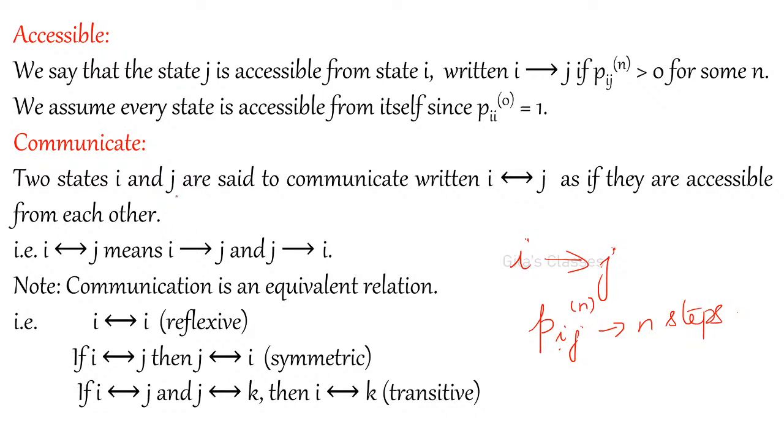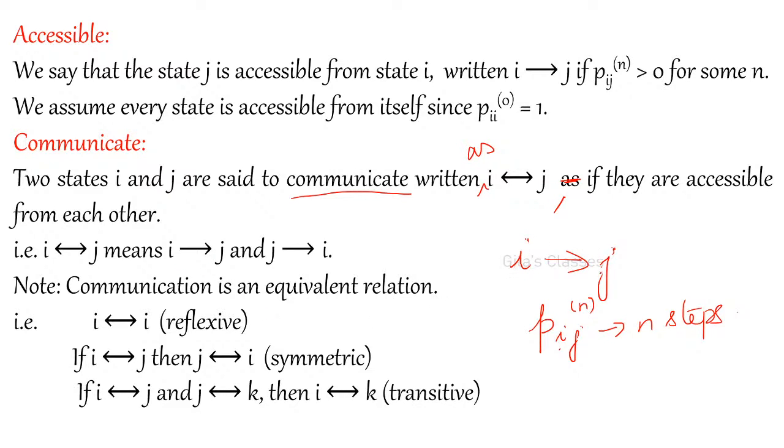Then communicate. This is another definition. Two states I and J are said to communicate, written as I communicates with J, if they are accessible from each other.